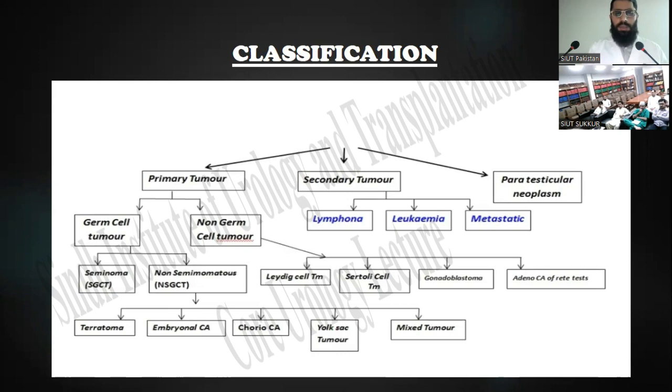Non-germ cell tumors include Leydig cell tumor, Sertoli cell tumors, gonadoblastomas, and others, which include adenocarcinoma of rete testis as well as carcinoid tumors. The secondary tumors are lymphomas, leukemias, and metastatic tumors. Another category is paratesticular neoplasms.